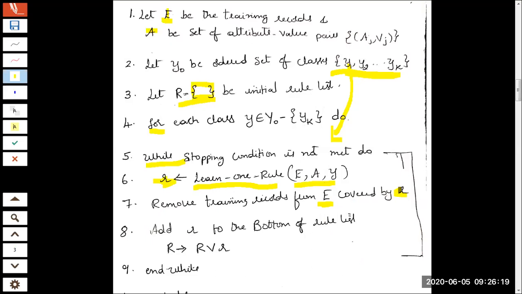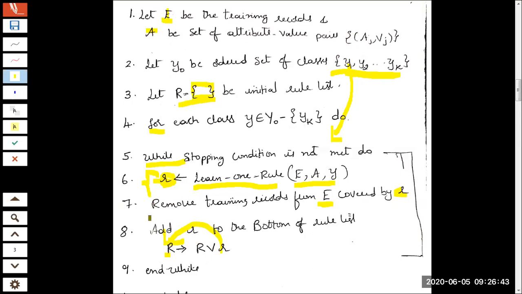Second, whatever rules were discovered will be added to the main rule list. Please understand, small r is the rules derived inside the while loop, and capital R is the main rule list to which the rules should be appended.